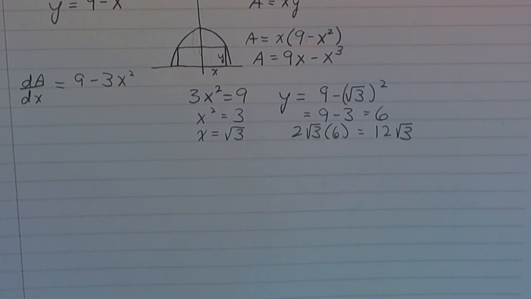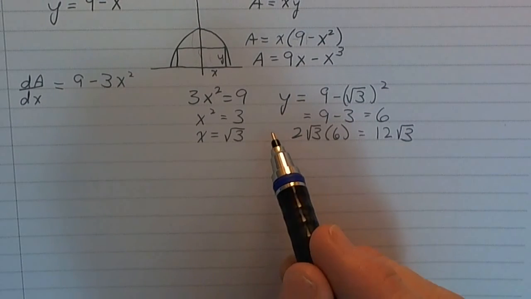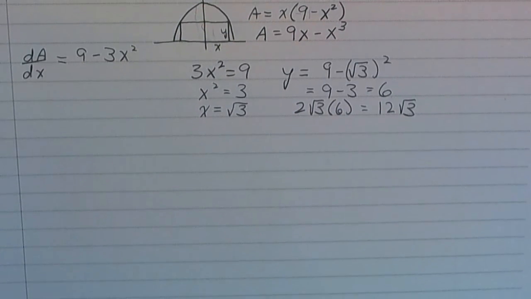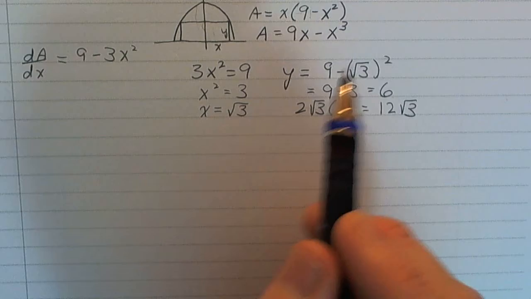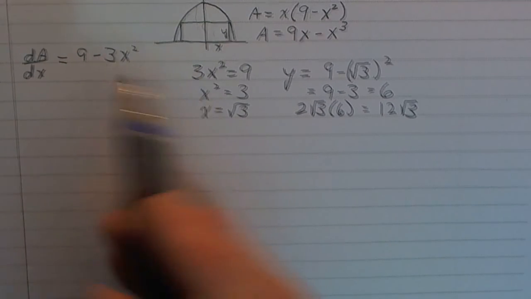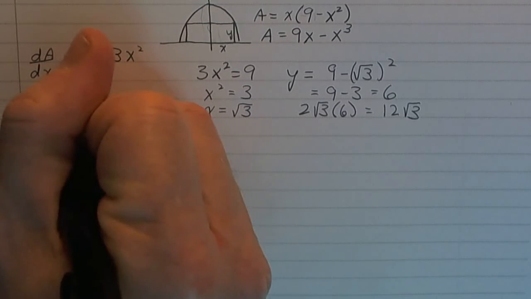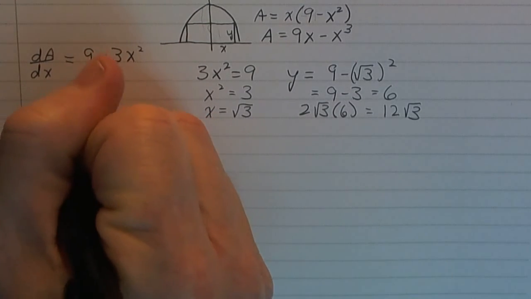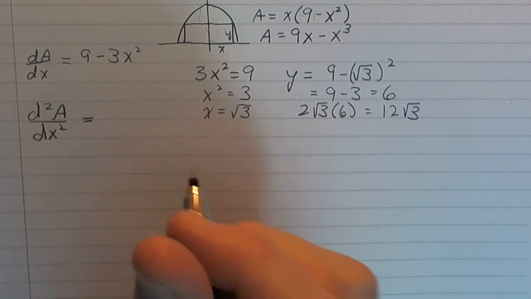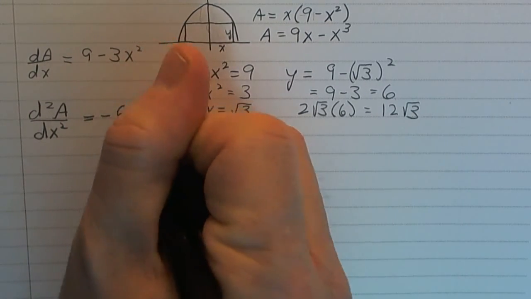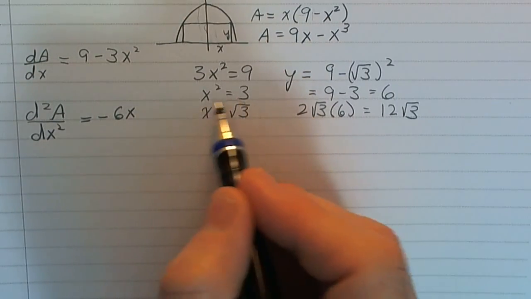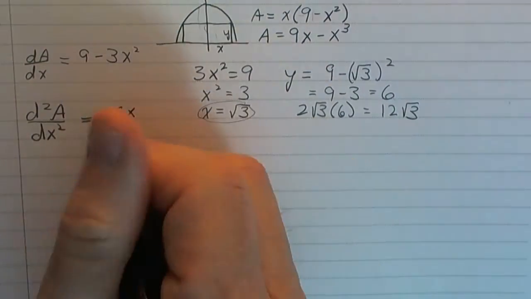Now the question might be, how do we know this is the maximum and not the minimum area? So we can always go back. Now look what we can do. This is the derivative right here. So let me get the second derivative. Here's the second derivative: negative 6x. Now I'm going to take my critical number and plug it in there.